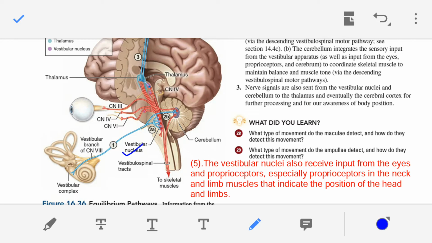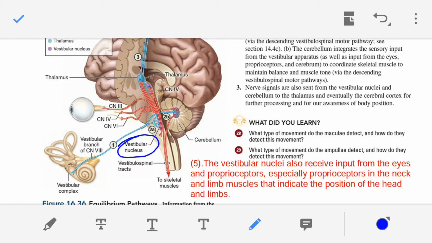Simply we can say the vestibular nuclei receive inputs from our ear, from the eye, and also from our limbs, that means from our hand and leg. Now what is the vestibular nucleus doing? It is interpreting and analyzing all these inputs.